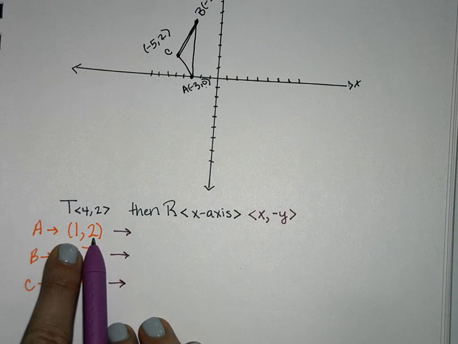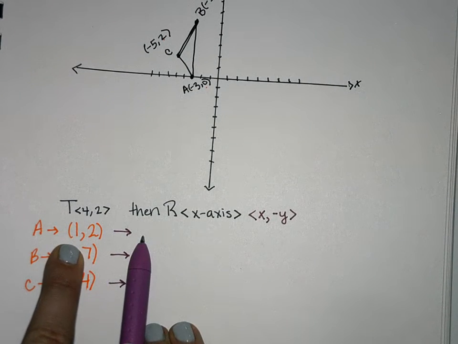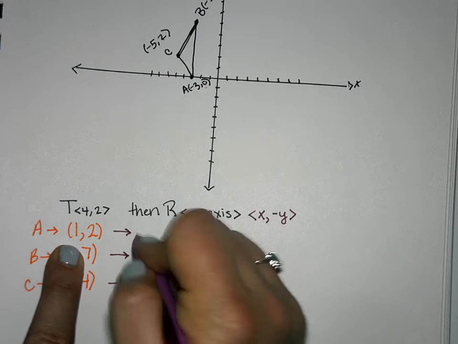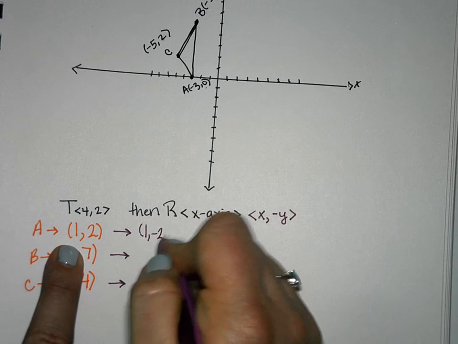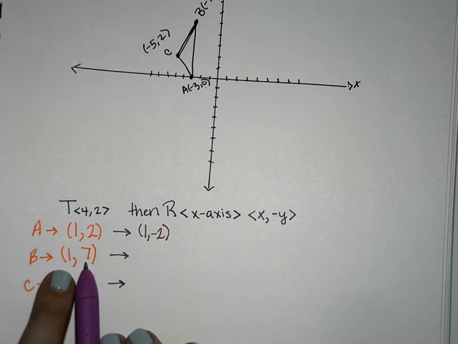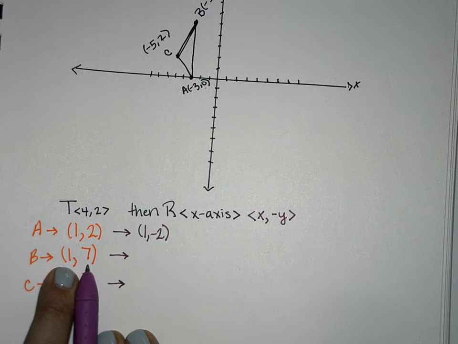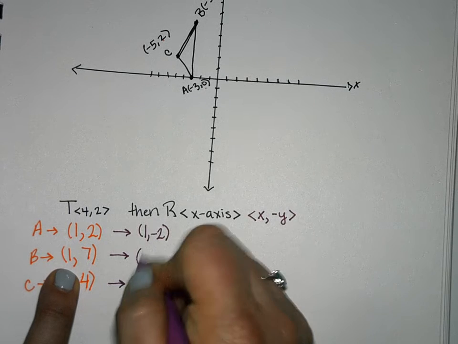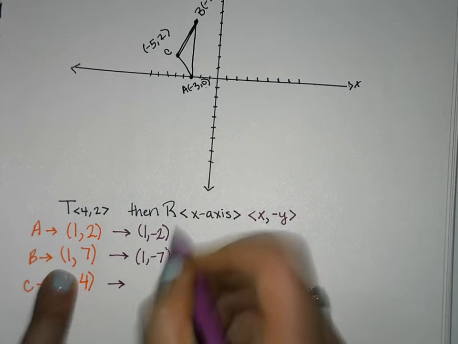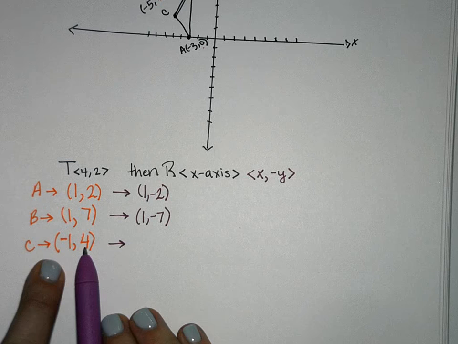So what is our new point going to be? 1, negative 2. If we keep x the same and y opposite, what's the new point going to be? 1, negative 7.